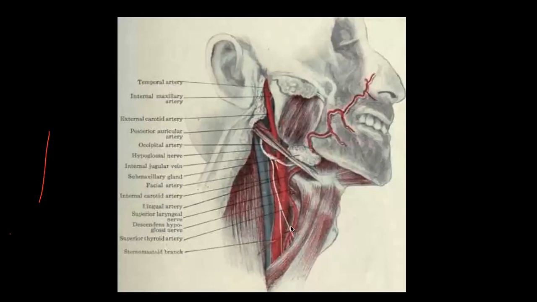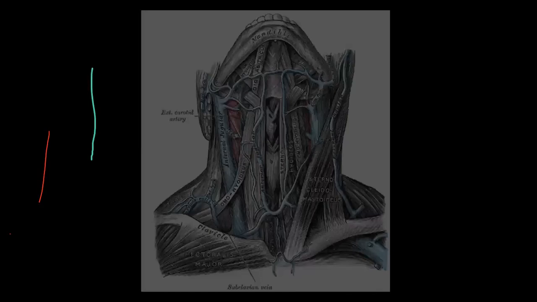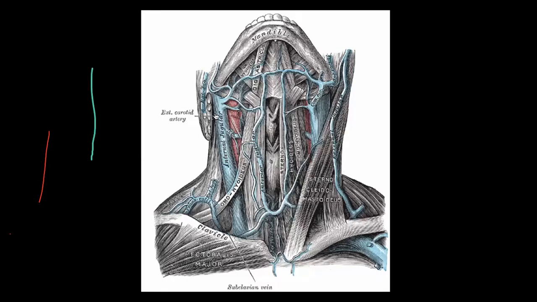Just look at the carotid: common carotid, internal carotid, external carotid, and the internal jugular vein. These are the tributaries of the internal jugular vein.